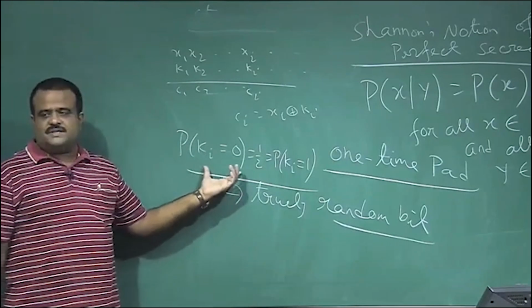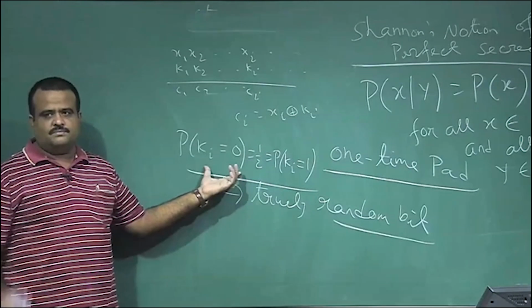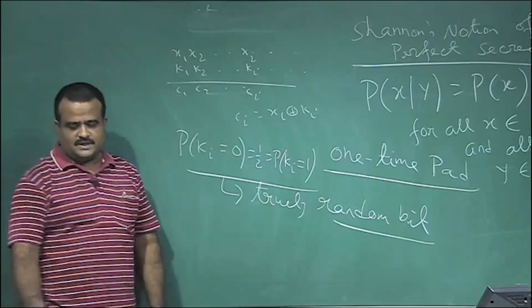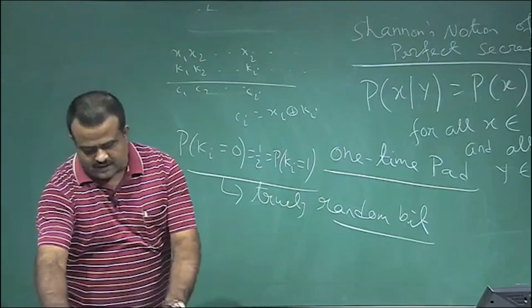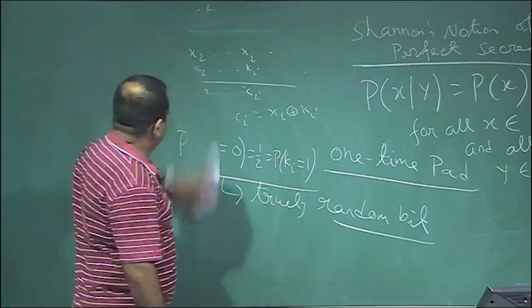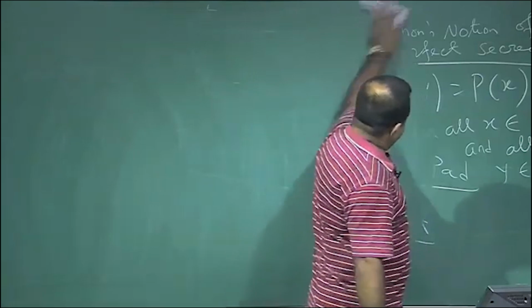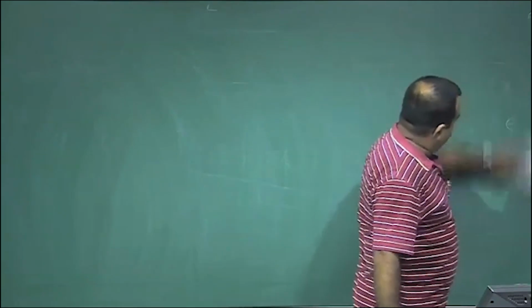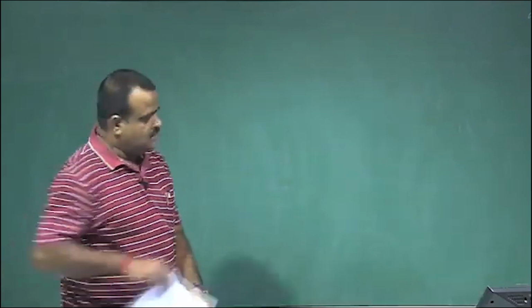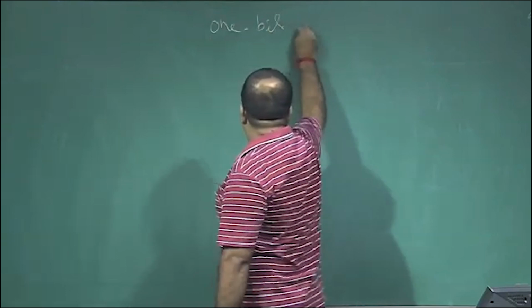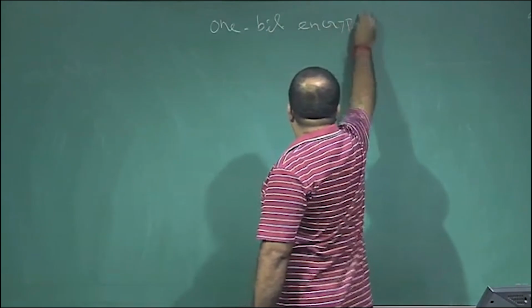If our key stream bit is a truly random bit, then we achieve the Shannon notion of perfect secrecy. Let us try to prove this, and that is called one time pad. Suppose we are doing 1 bit encryption.